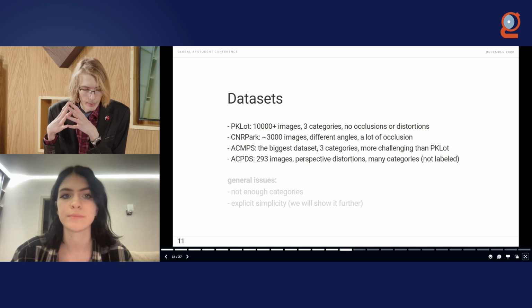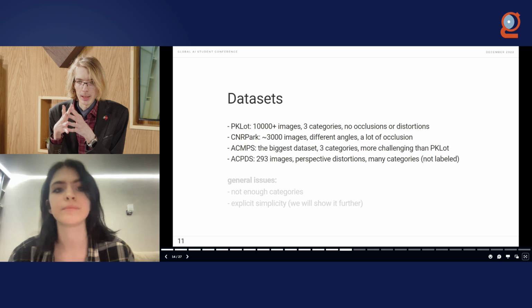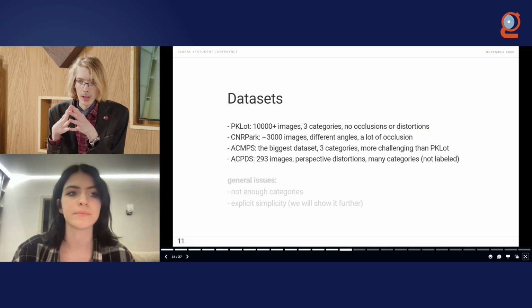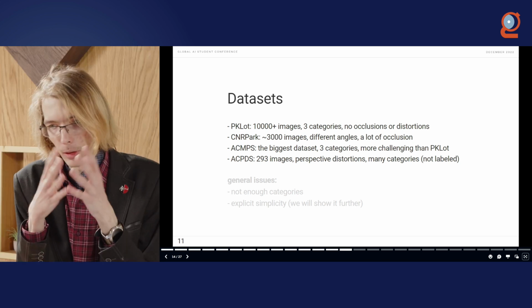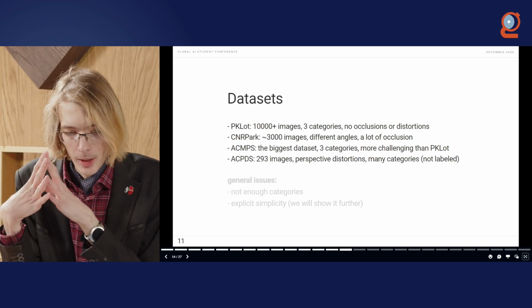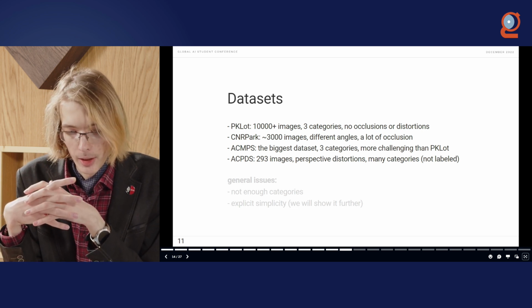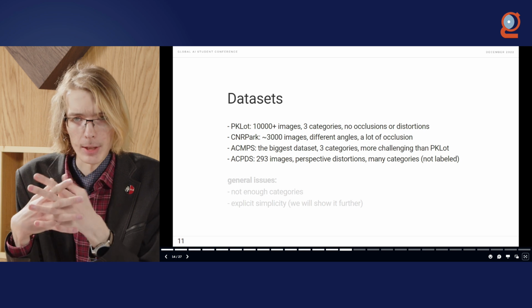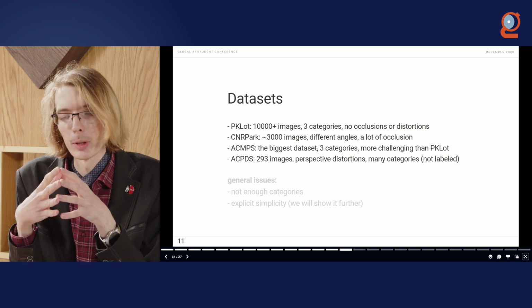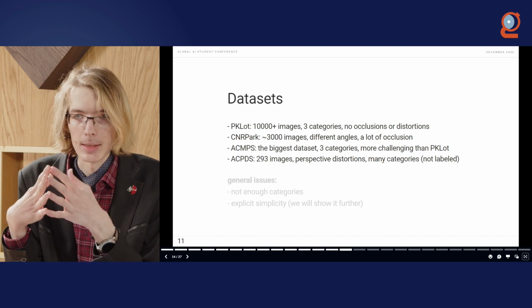Exactly. The first one is the PKLot, parking lot dataset, the most common benchmark. But despite its distribution among the studies related to parking lot occupancy detection, it is not as expressive as others that we will discuss further because of its explicit simplicity.